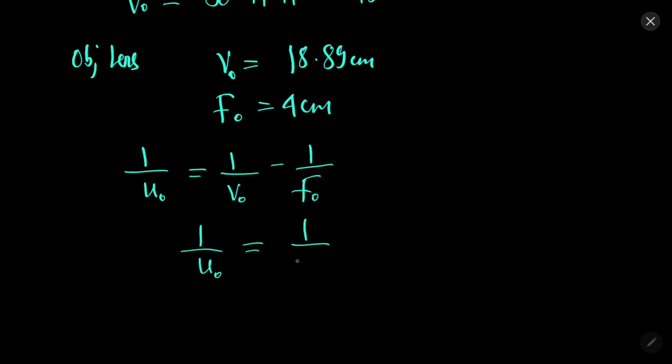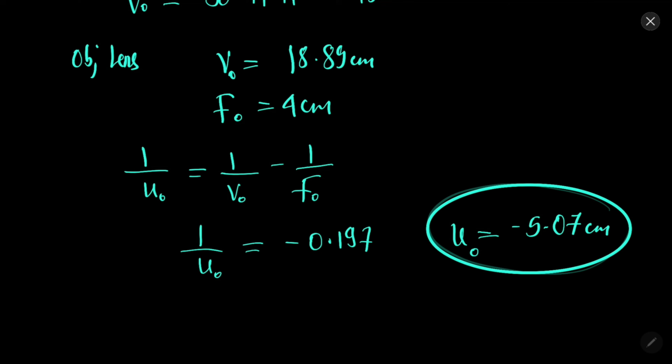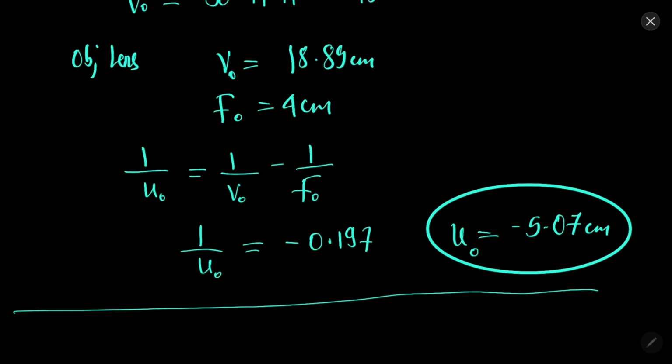After putting the values, we will obtain 1 over U equal to minus 0.197, or U will be equal to minus 5.07 centimeters. So it is a long question which has to be done in steps.